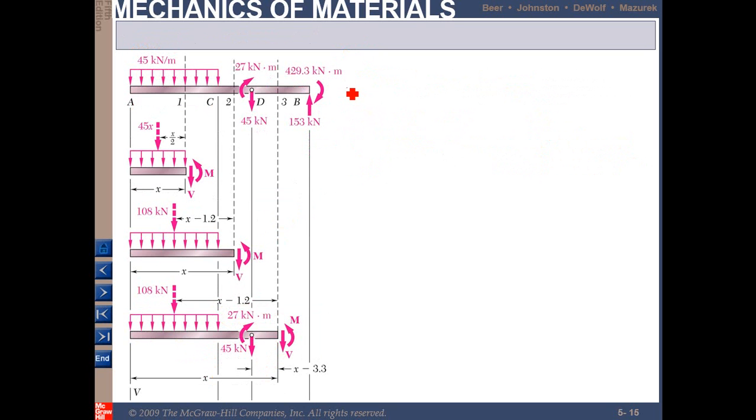Therefore, V1 is equal to minus 45x kilonewton. Okay, at x equal to 0, V1 is equal to minus 45 times 0, so you get 0.